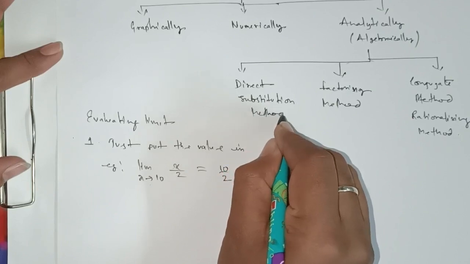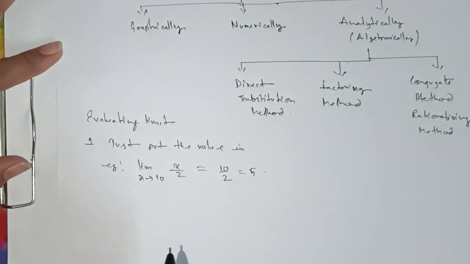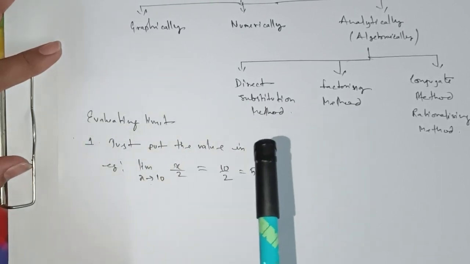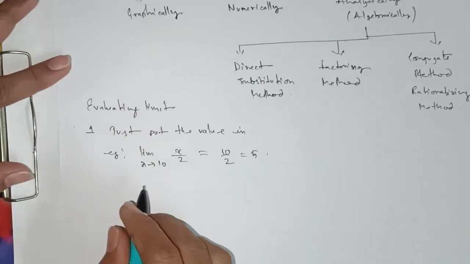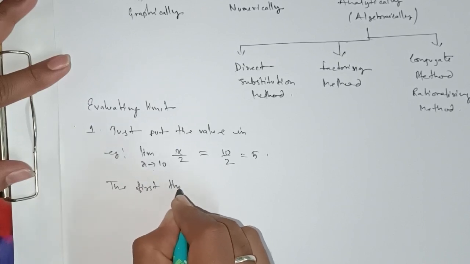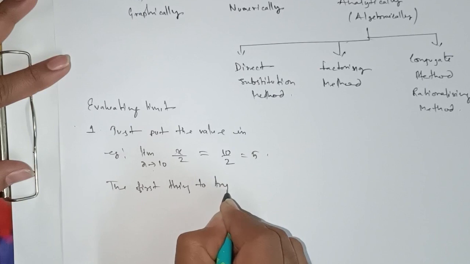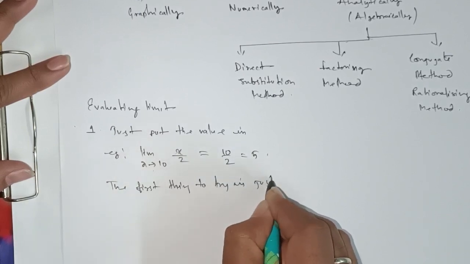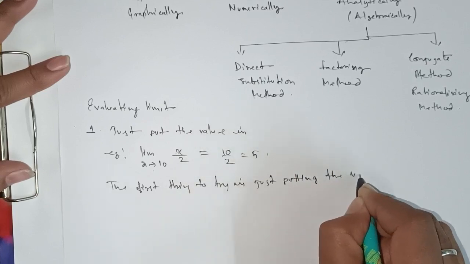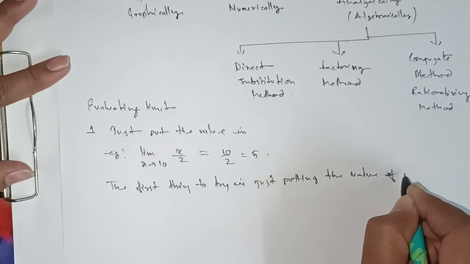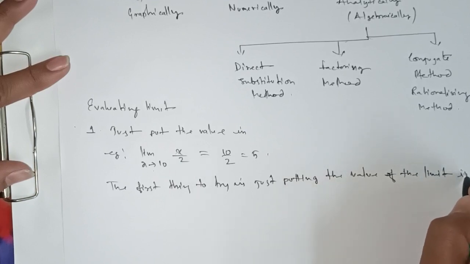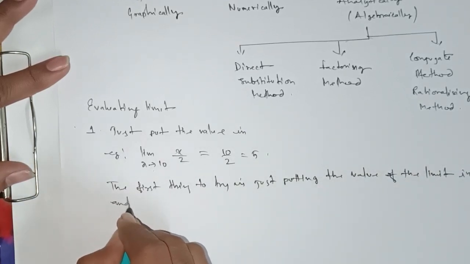In this method, you just substitute directly and check that we get the value. And here in the direct substitution method, if it exists, then we'll get the functional value directly, no need to worry for that. The first thing to try is just putting the value of the limit in, and see if it works.